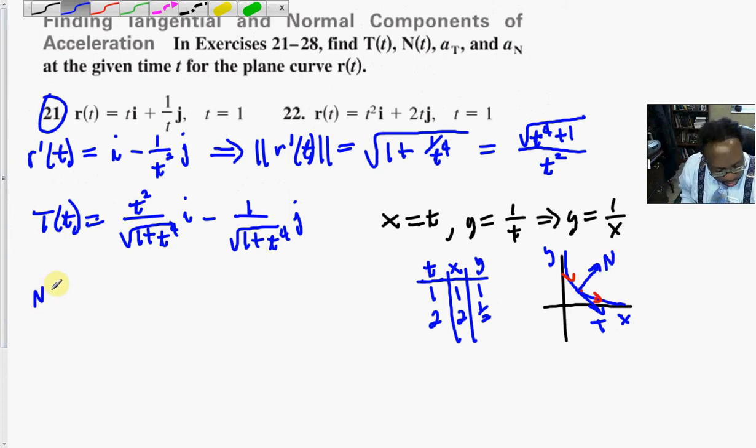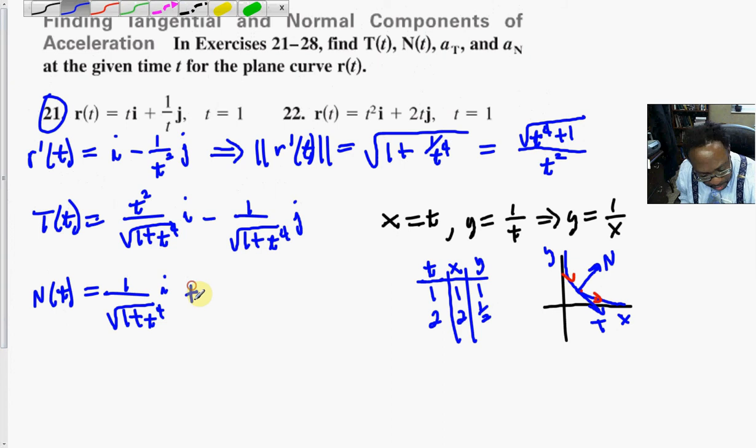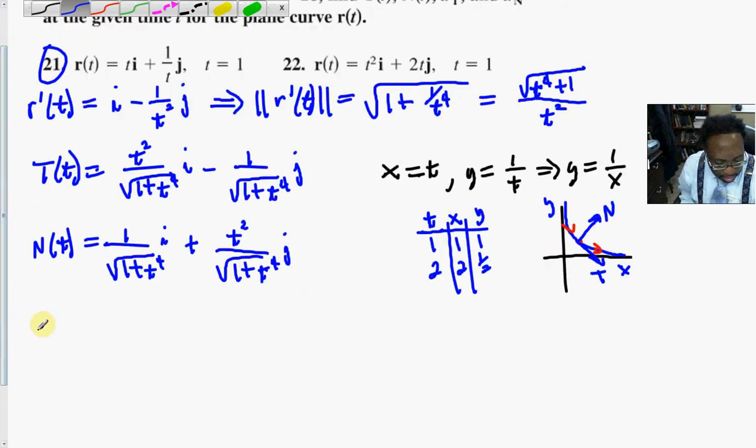So we make the stipulation that the normal vector is going to be 1 over the square root of 1 plus t to the 4th i plus t squared over the square root of 1 plus t to the 4th j. We'll check that.